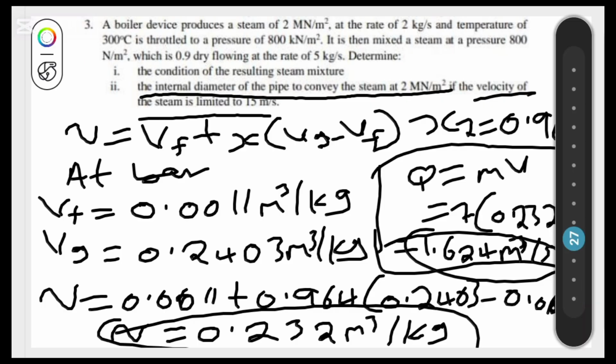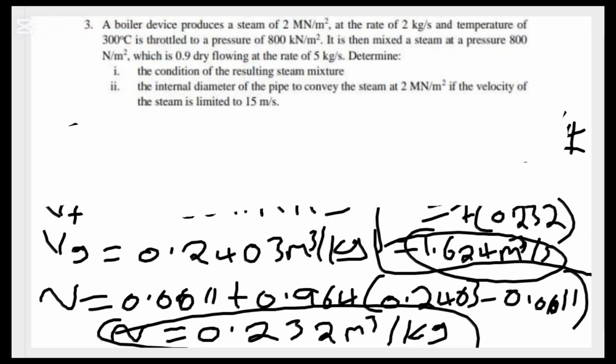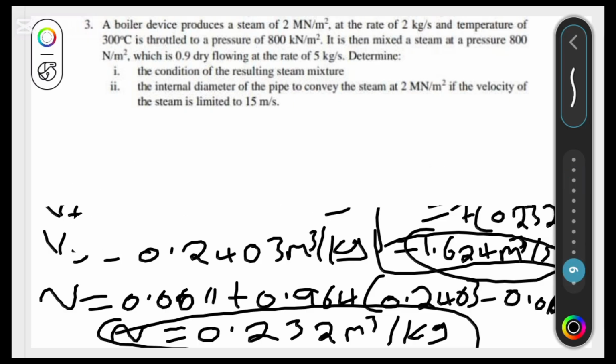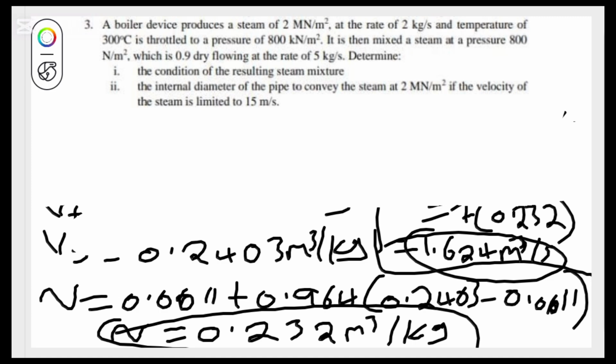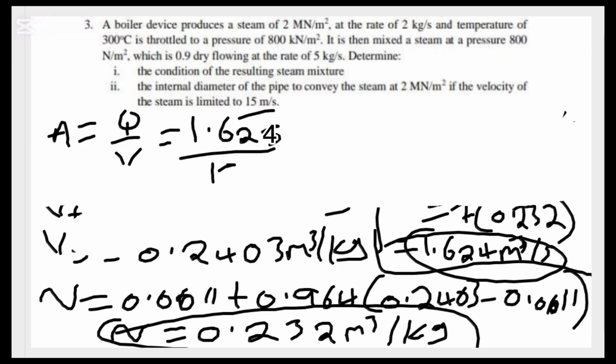So now, given the velocity as 15 meter per second, A is equal to Q over V. So this will be 1.624 divided by 15, and therefore my area will now be 0.1083 meter squared.